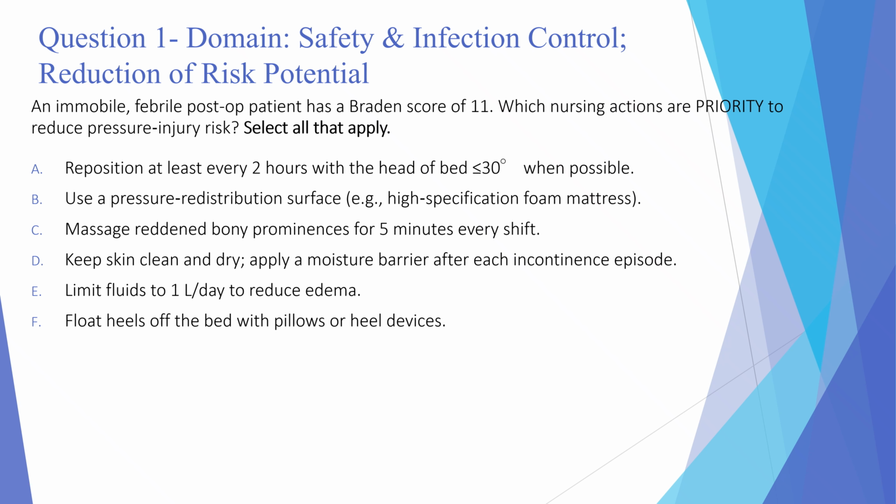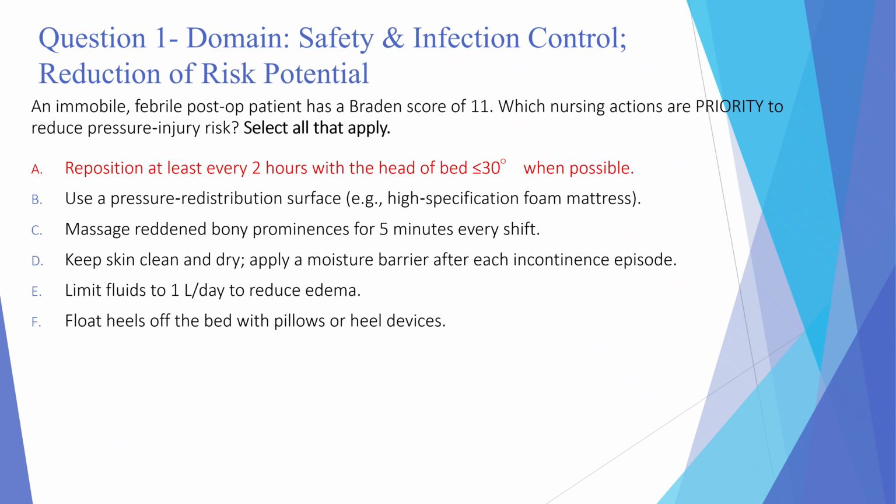Then we have keep skin clean and dry. Apply a moisture barrier after each incontinence episode. Fluid limit to 1 liter a day to reduce edema. Float heels off the bed with pillows or heel devices.